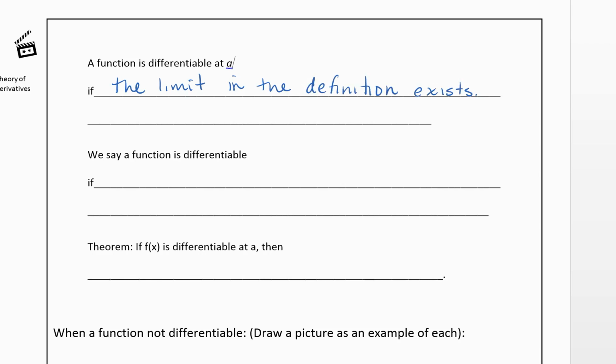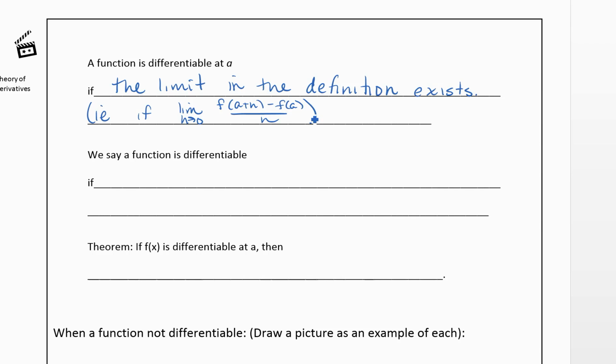Okay, so if the limit as h goes to 0 of f of a plus h minus f of a all over h. Okay, so if you can take that limit and the limit exists, this is why we spent all that time learning about limits, then we say the derivative exists there at a.